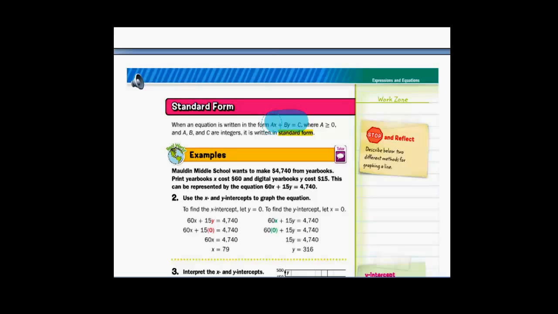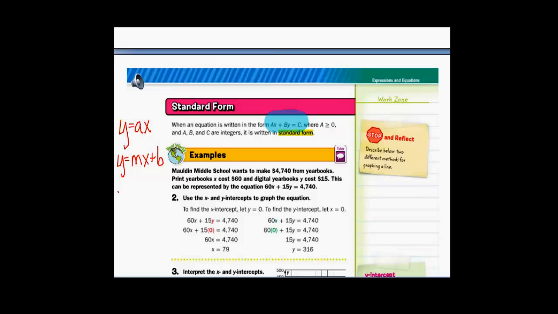All right, so we've had direct variation form. If you don't have these, please write these down. Direct variation form, y equals ax. Slope intercept form, y equals mx plus b.